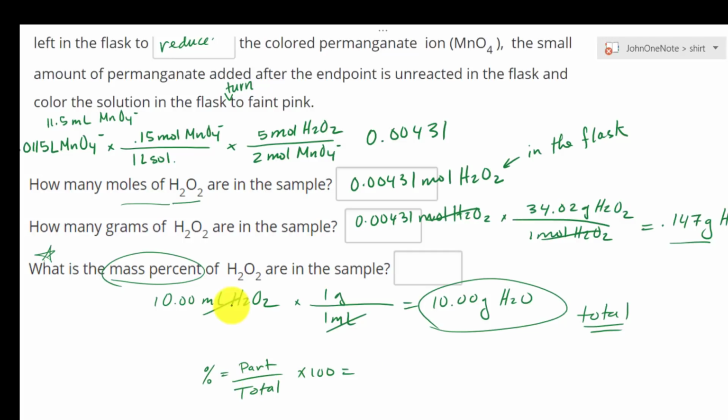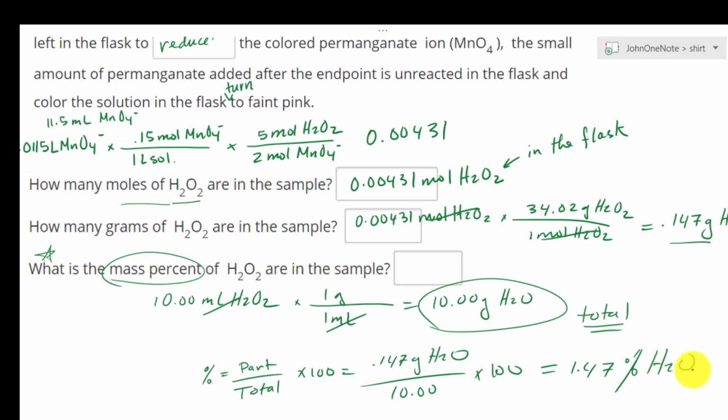In this case, the solution weighed 10 grams, and in this 10 grams, we have 0.147 grams of hydrogen peroxide. So 0.147 gram of H2O2 divided by 10.00 times 100, and let's plug that into a calculator. We have 1.47% of H2O2 in the sample.